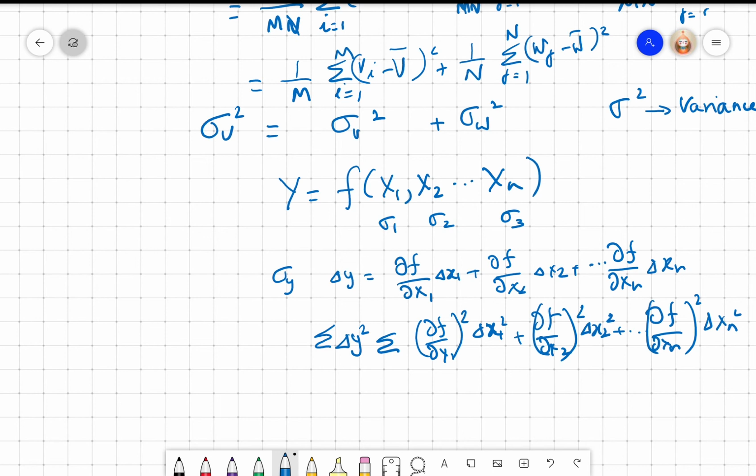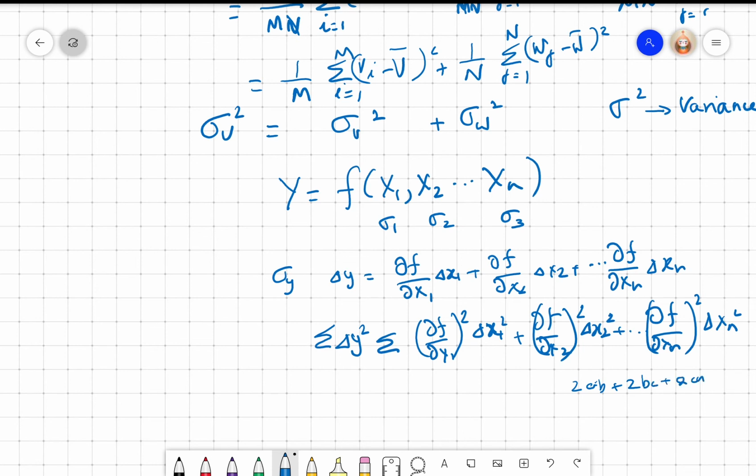Okay. Now one thing that we look at is that this is only a square plus b square plus c square. What about the 2ab plus 2bc plus 2cd, right?